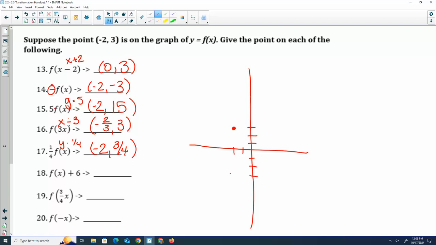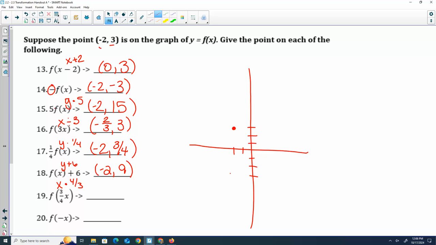18, what am I going to do? We're moving up 6. You can think about the graph, you could think outside is y, does what it says, so if you take your y value and add 6, you get -2, 9. 19, inside is x and does the opposite. What's the opposite of multiplying by 3/4?